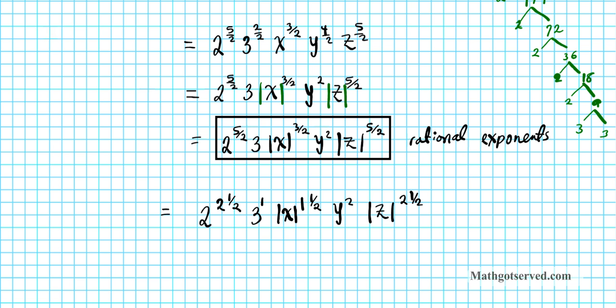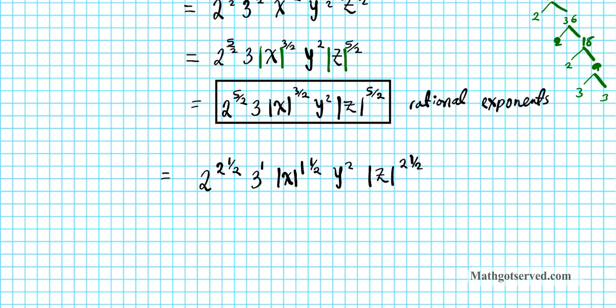Okay, so now we're going to separate the fractions, so we can use the reverse of the product of powers property. So we're going to have 2 to the 2 plus 1/2 times 3 to the first power. And then for the x, we can split that apart: absolute value of x to the 1 plus 1/2.